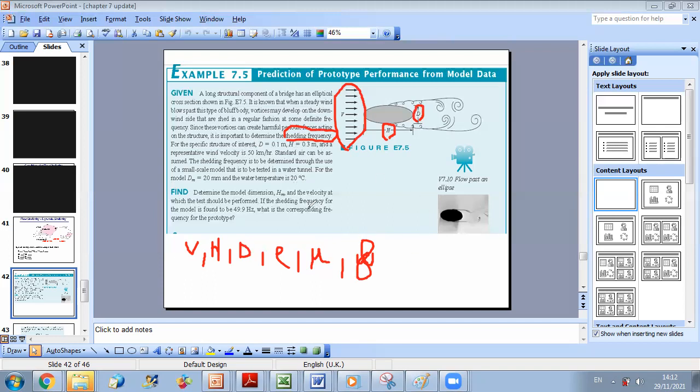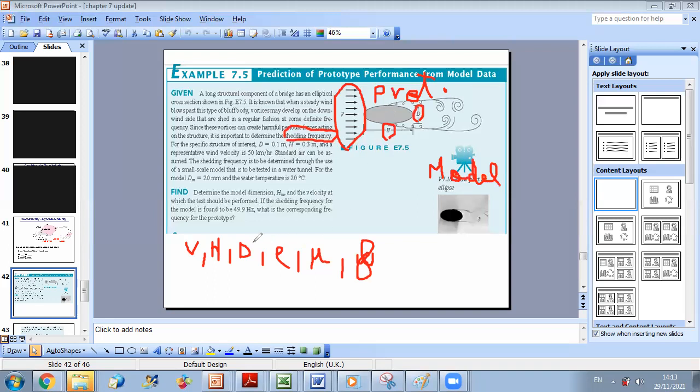Now what do we know here? What are the things that we know about the model and about the prototype? The prototype is always the real case. So this is the prototype, and this is the model. We should list what we know about the prototype and the model, and determine what our unknowns are.